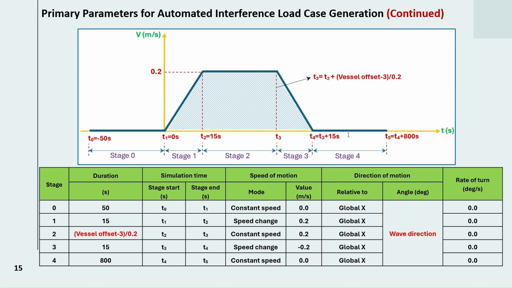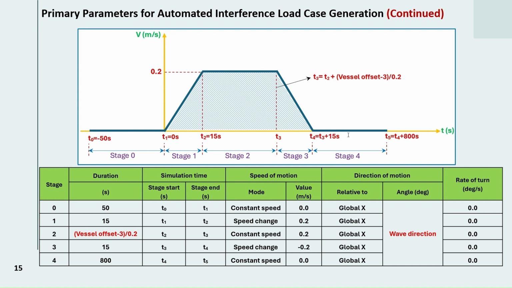The motion direction is defined relative to global x, but the actual angle is updated for each load case using the wave direction from the load case matrix. So the direction changes from case to case in line with the environmental heading being analyzed.